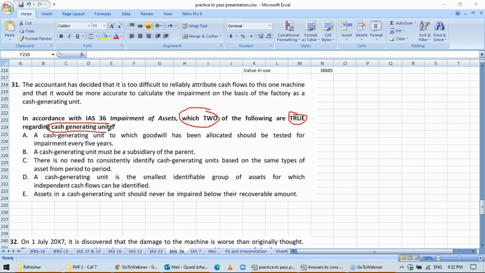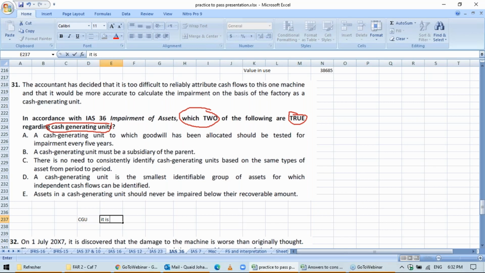What is a cash generating unit? A cash generating unit is defined as the smallest group of assets. CGU is the short form of cash generating unit.